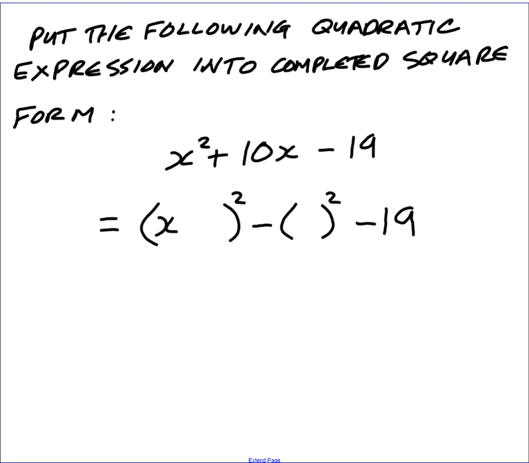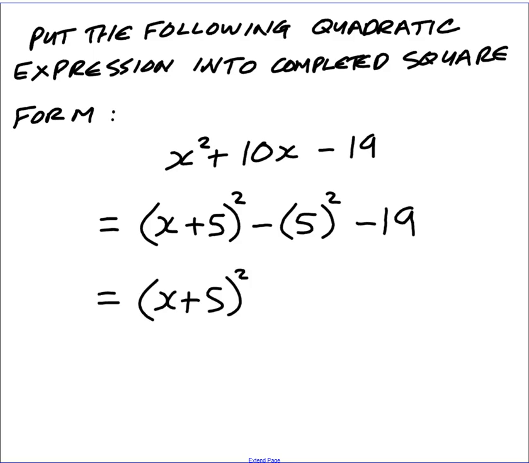Then we're going to halve the coefficient of x. The coefficient just means the number in front of x, and it's positive 10. So when we halve that, it'll be positive 5. That automatically goes into the smaller bracket, and we're going to square it. So the x plus 5 squared, that's done. That's the completed square part.